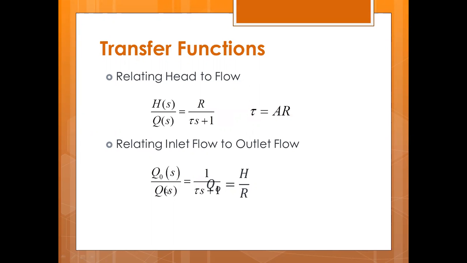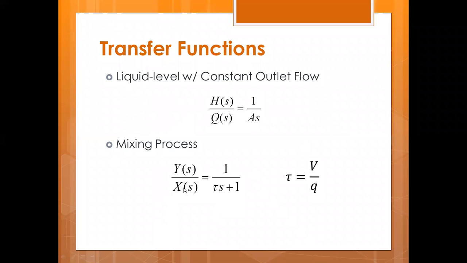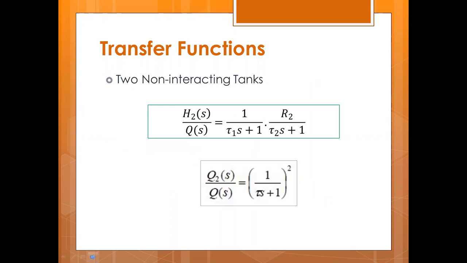Same with the Laplace transform of a liquid level system when we relate outflow to the linear resistance to changes in the volumetric inflow. They have the same form in the transfer function. Here, your tau is the volume of the tank or the mixing chamber divided by the volumetric flow rate.